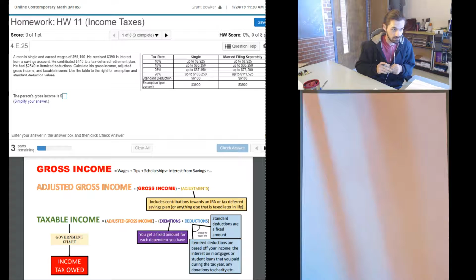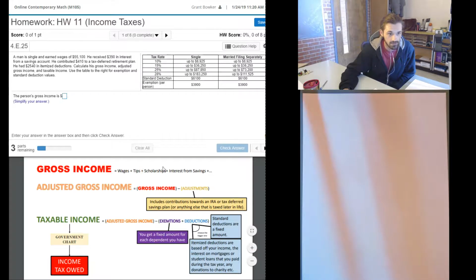Okay, so the person's gross income. The gross income is everything you brought home during the year. That would be any wages, tips, scholarships, interest, money from a car you sold. That all counts as gross income.